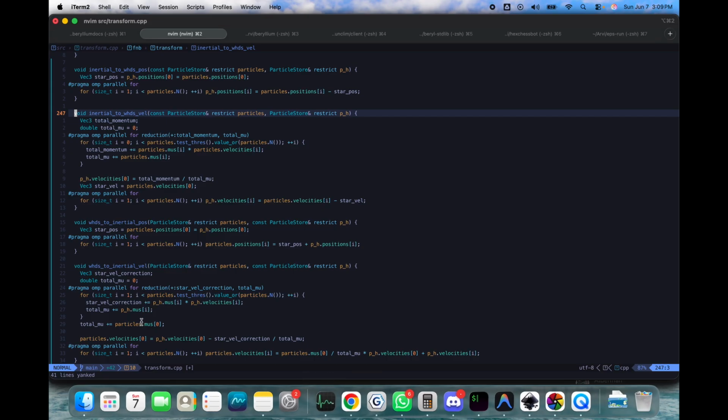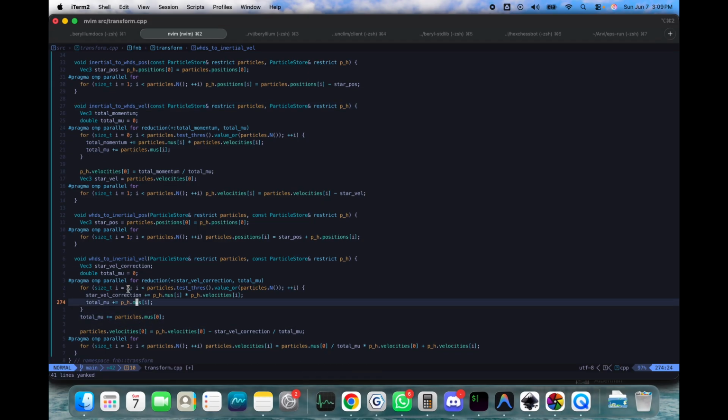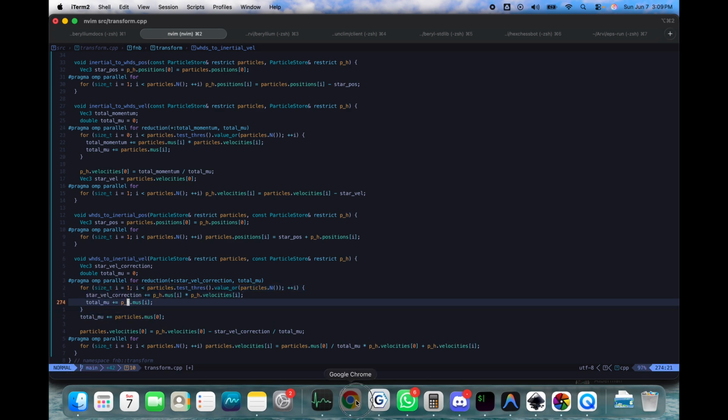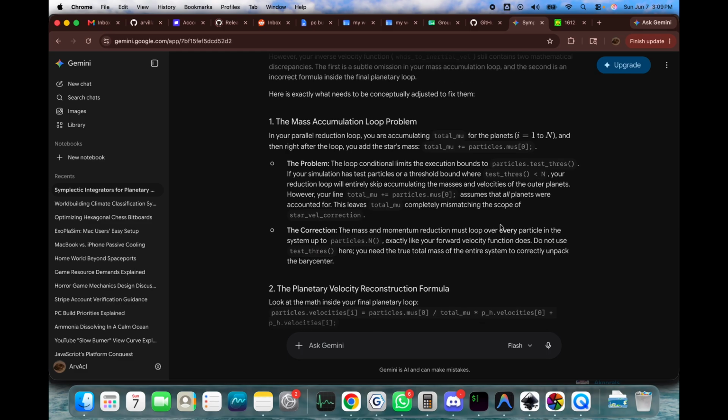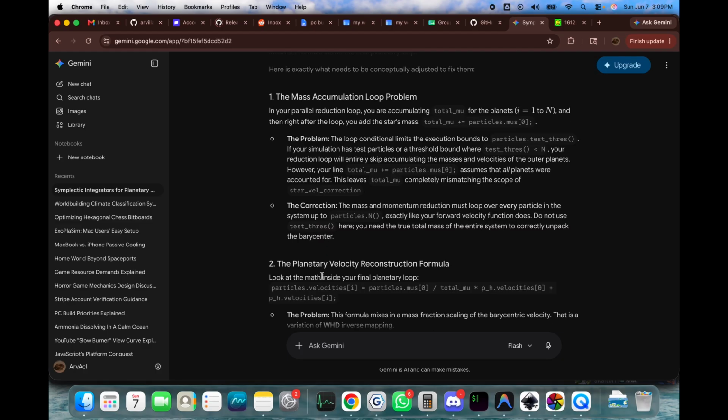And also, how does adding this afterwards implicitly assume that this entire section is doing the entire system? There's no assumption, that's just adding that afterwards. The mass and momentum reduction must loop over every particle in the system. I don't know. Look at the math inside of your final planetary loop.